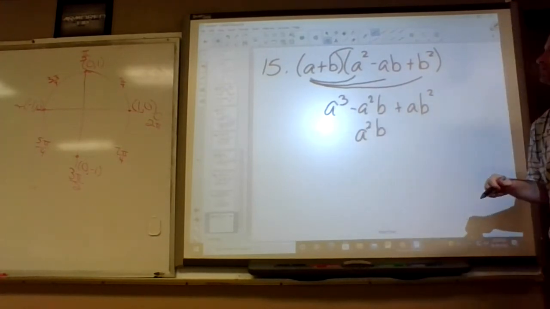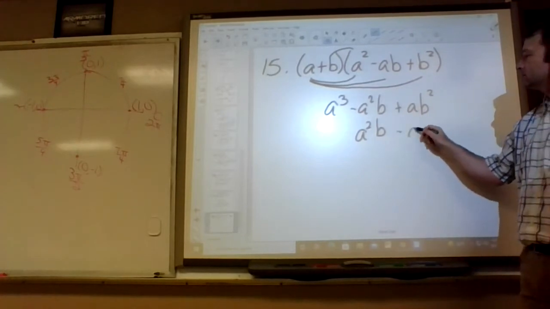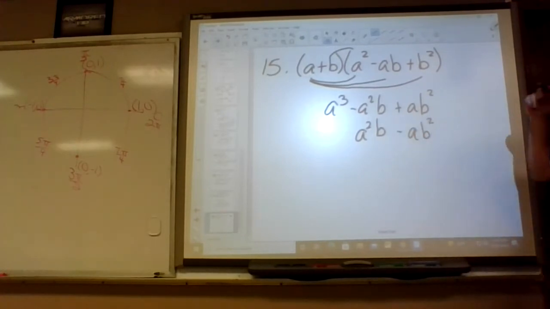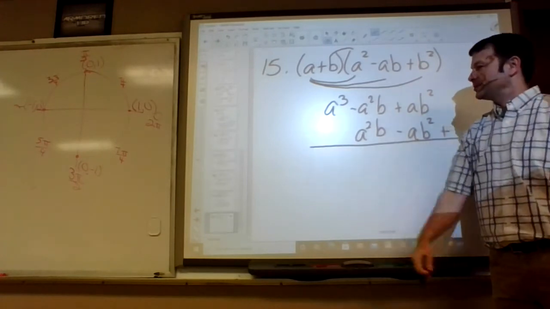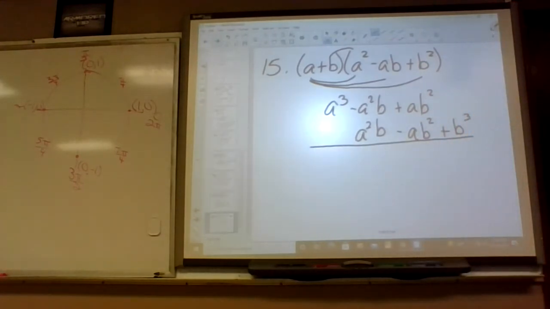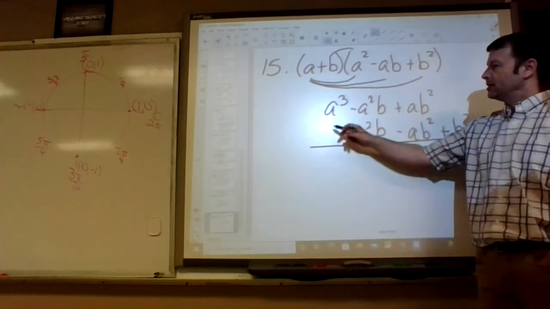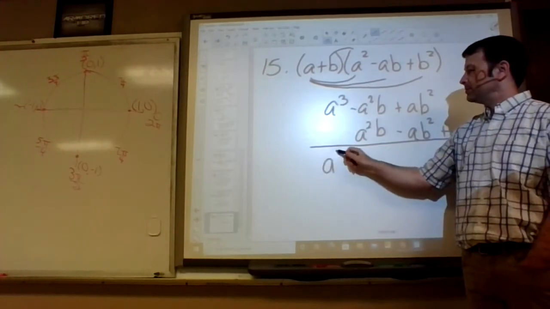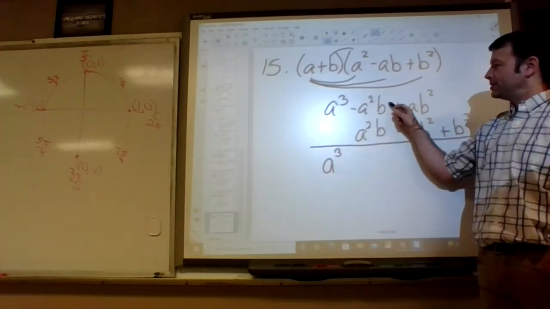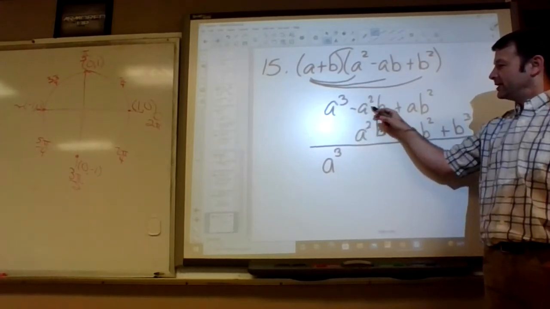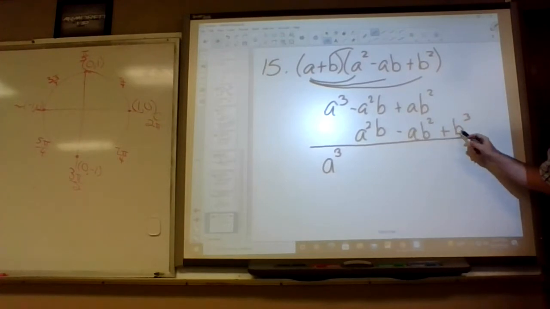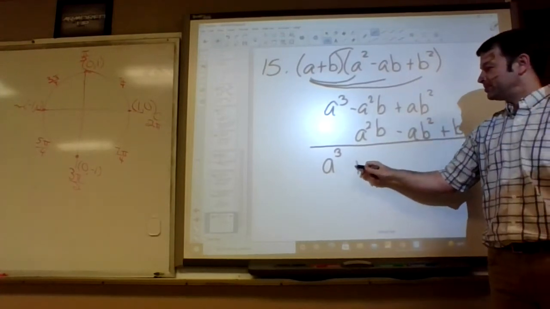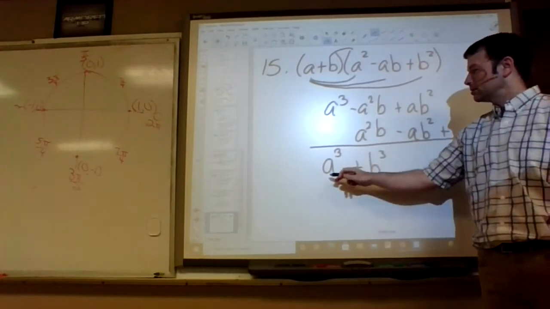Minus a b squared plus b cubed. Now my like terms are lined up again. What's going to happen to these two terms? Cancel out. Negative 1 plus 1 is 0. It's gone. How about these two? Cancel out. Gone. A cubed plus b cubed.